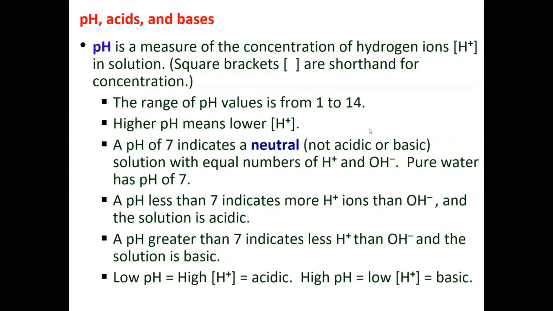But if the pH is below 7, then that means that the solution is acidic. And the way pH is calculated, it seems backwards because a low pH means more H plus, and a high pH means less H plus.